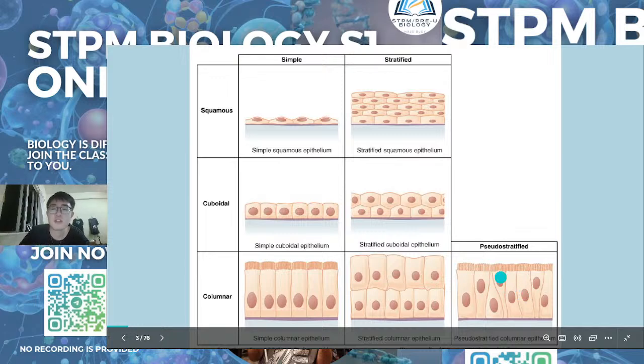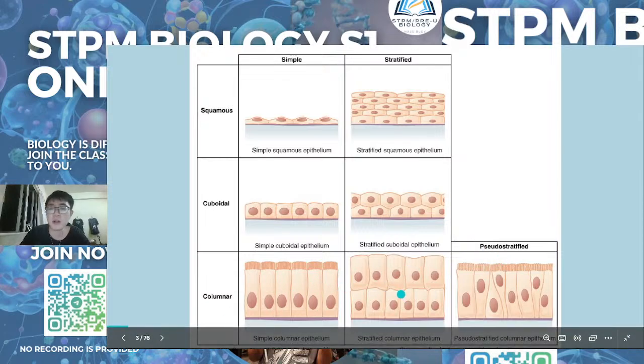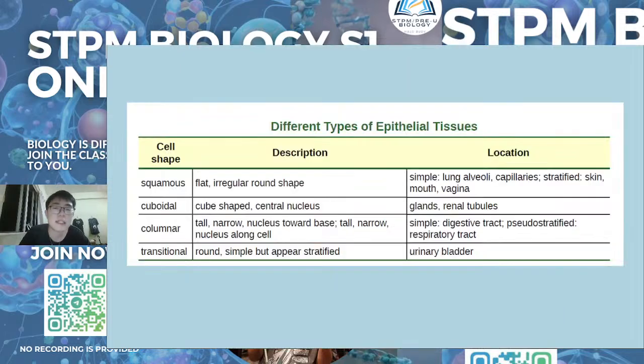Later we will look at it further. This is just the general structure. You should know how to draw it, because if the examination asks you to draw, you should know how to draw all of these.